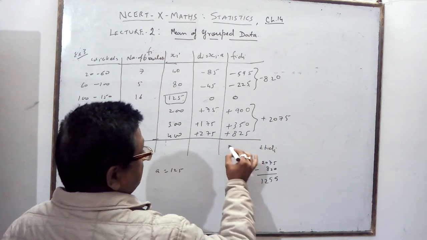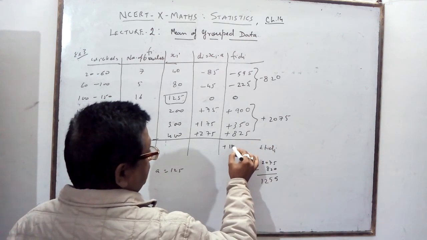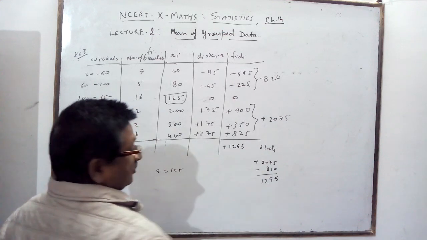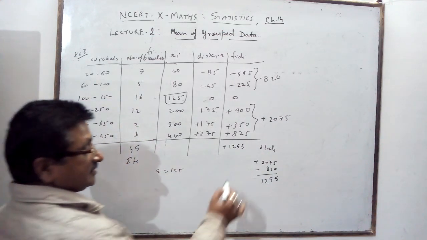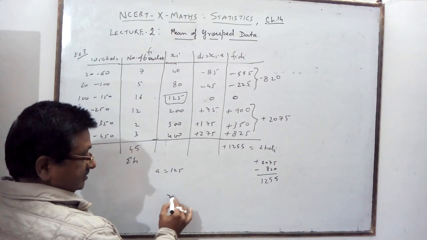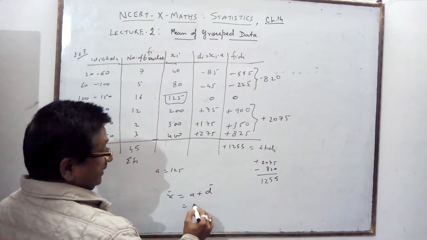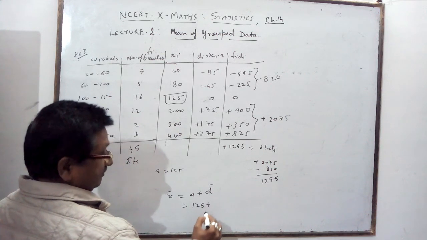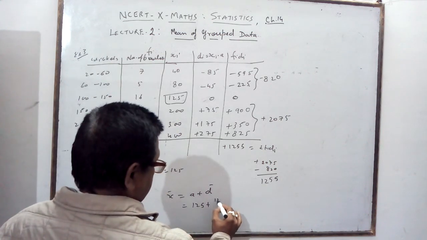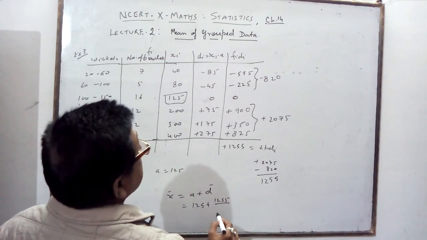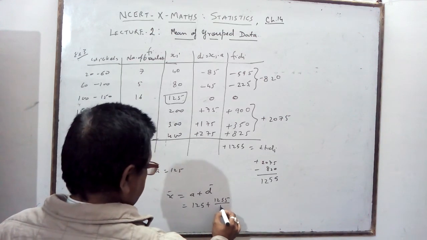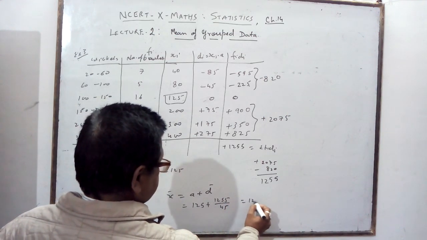Here you are getting 1225. Now what is the x bar? x bar is equal to a plus d bar. That is 125 plus 1225 upon 45.